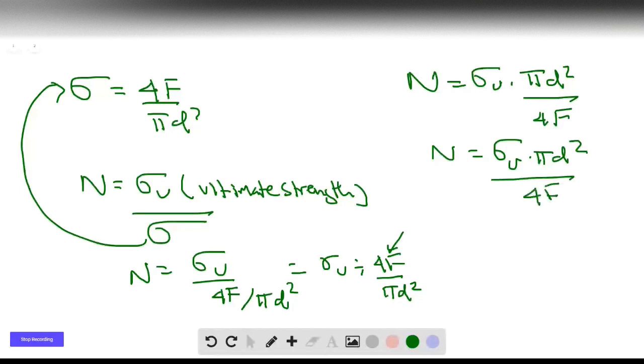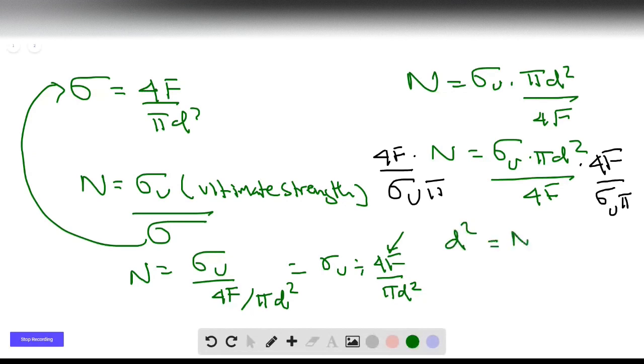Again, we can solve for d squared by multiplying both sides by the reciprocal. And so d squared is the safety factor times 4F all over the ultimate strength times pi.